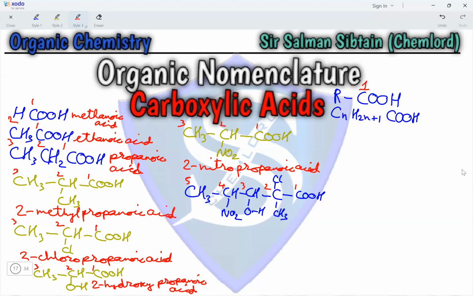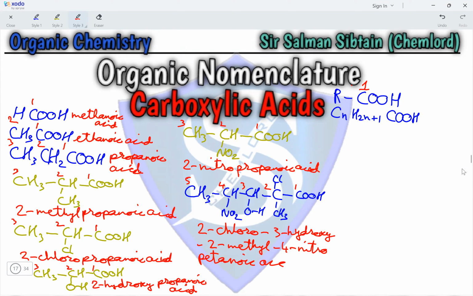So chloro C, methyl M, hydroxy H, and nitro N. So the alphabetical order would be C followed by H followed by M followed by N. So the name of this compound would be 2-chloro, then it would be 3-hydroxy, then it would be 2-methyl, then it would be 4-nitro, and finally pentanoic acid. So that is how we name carboxylic acid.